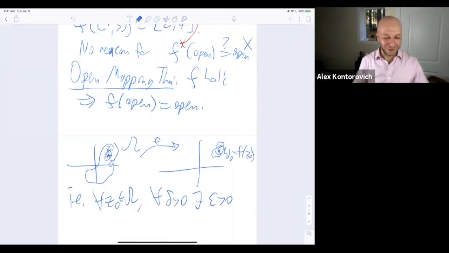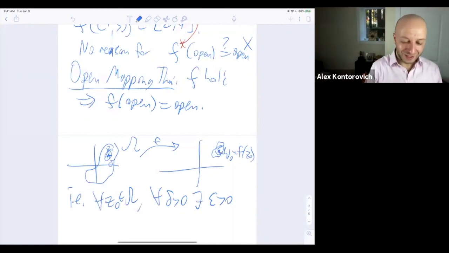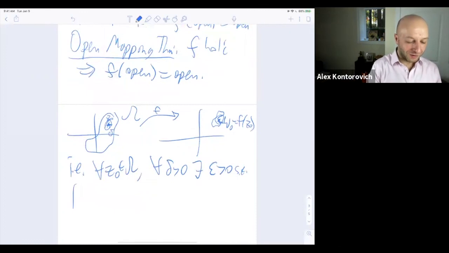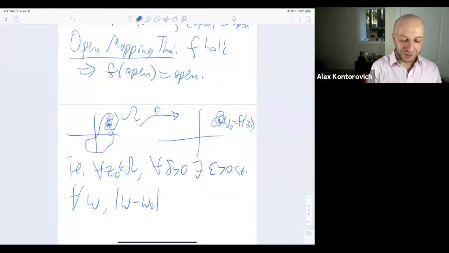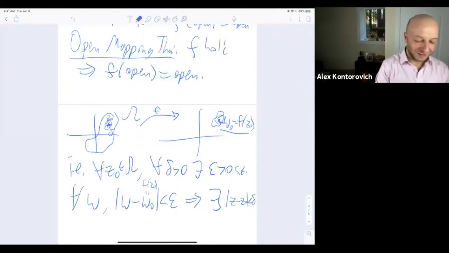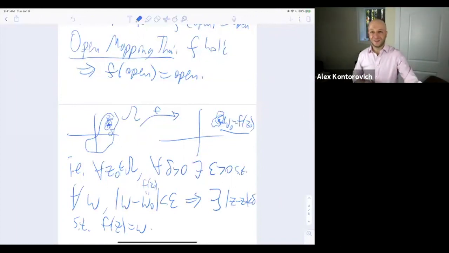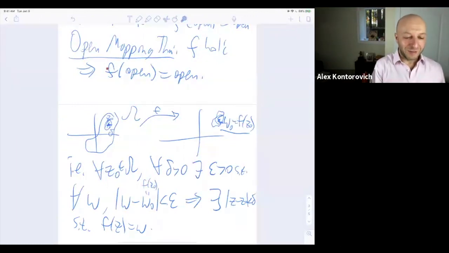Now this funny thing goes backwards: for all W within epsilon of W0, the image under F of Z0, there exists a Z near Z0 such that F of Z equals W.